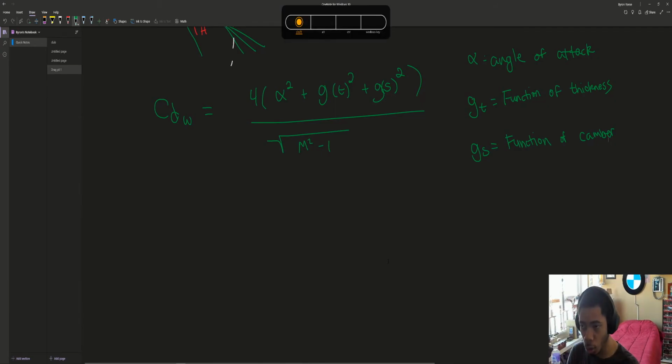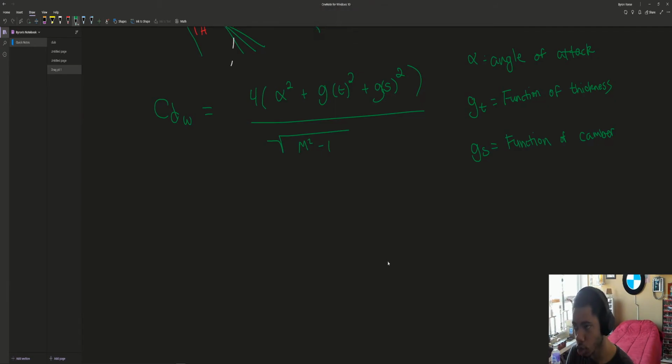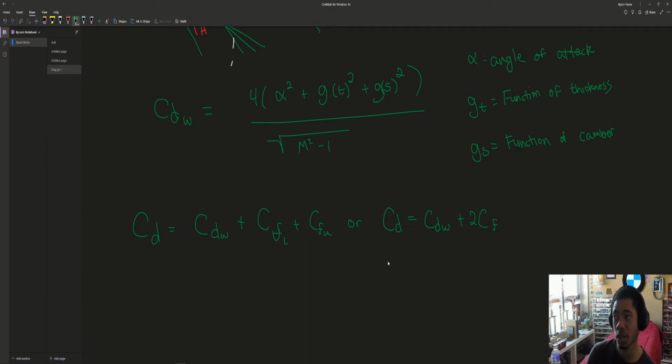And then you will find that the total drag of your wing is going to equal C_dW plus C_f, or this equation if it's a symmetric airfoil.